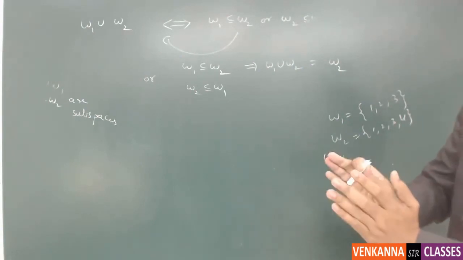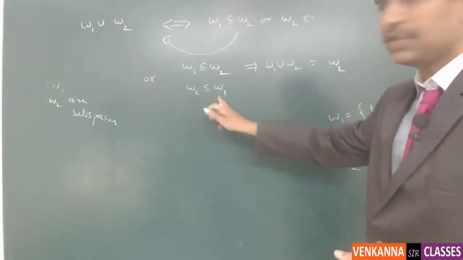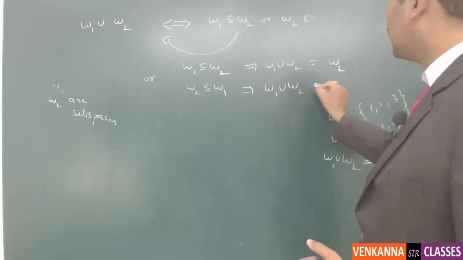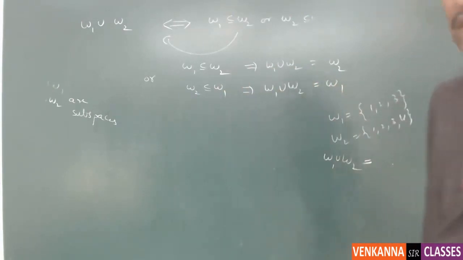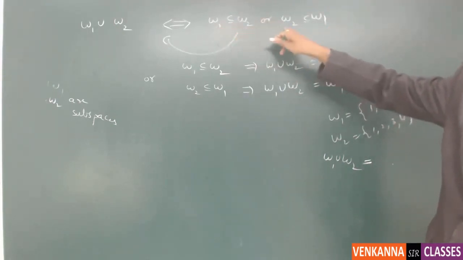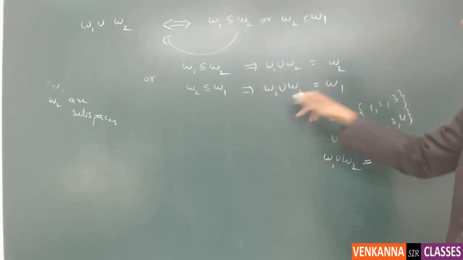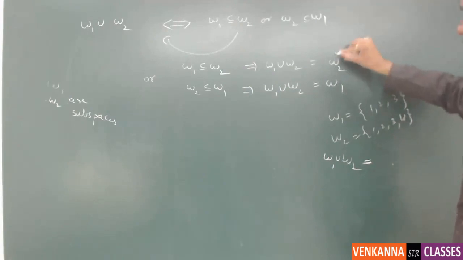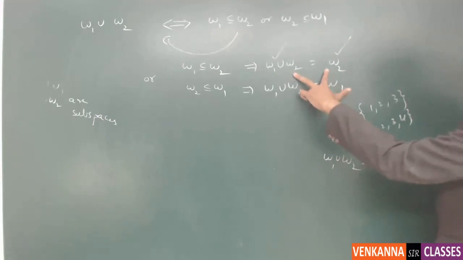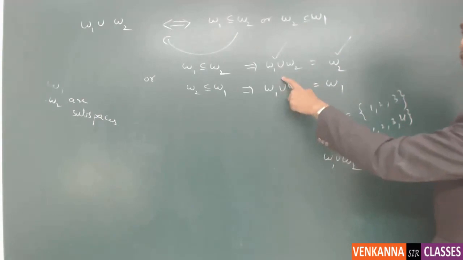So if the subspaces you have taken are such that W2 is a subset of W1, then in this case the union is nothing but W1, because this is the bigger one. So from our assumption, either this is a subset of this or this is a subset of this. Whatever the case you choose, the union equals one of the two. Since that one is a subspace, the union automatically becomes a subspace.